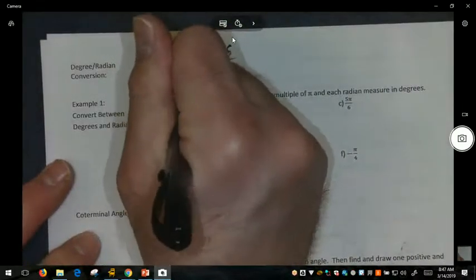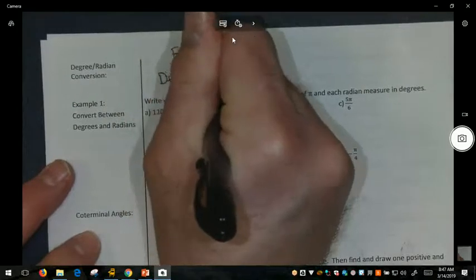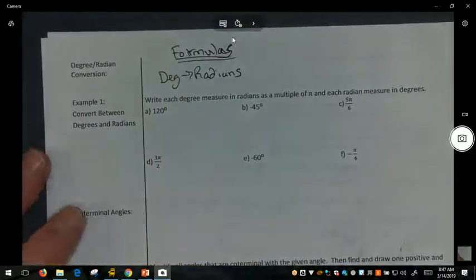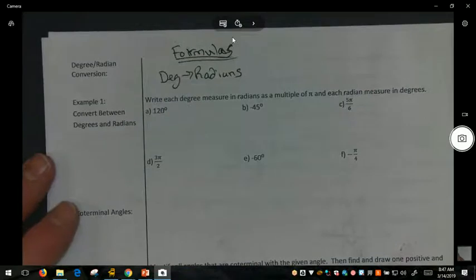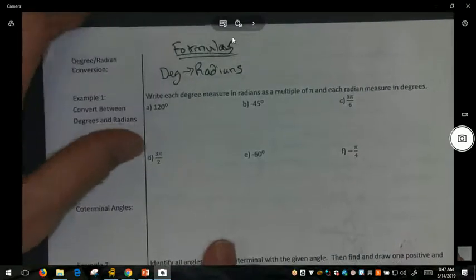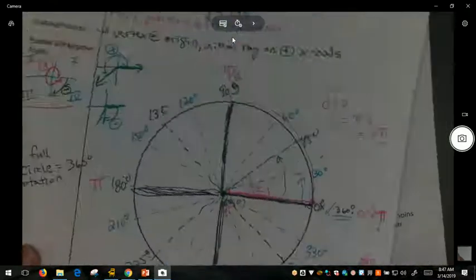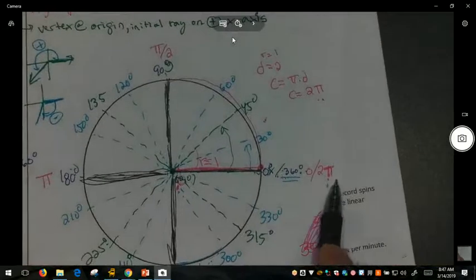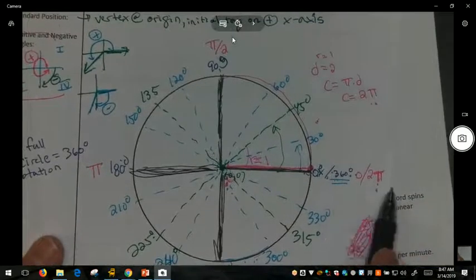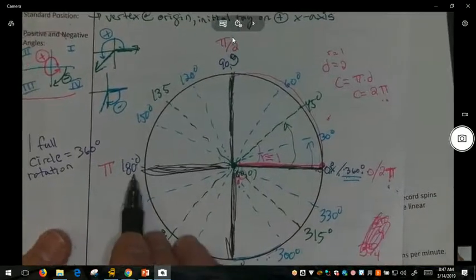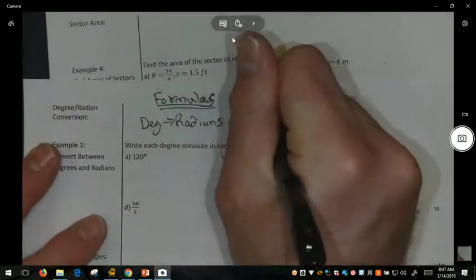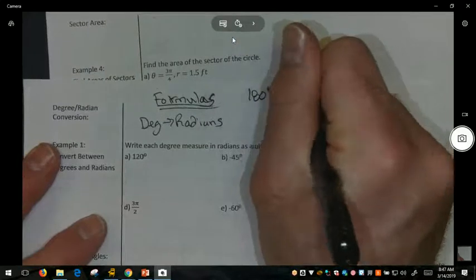And when you do, to convert from degrees to radians, the formula is, well, it's kind of like a conversion factor. If you think back to your chemistry class, if 360 degrees equals 2 pi, well, that could be reduced to 180 degrees equals pi. So really, we have a conversion factor of 180 degrees equals pi.